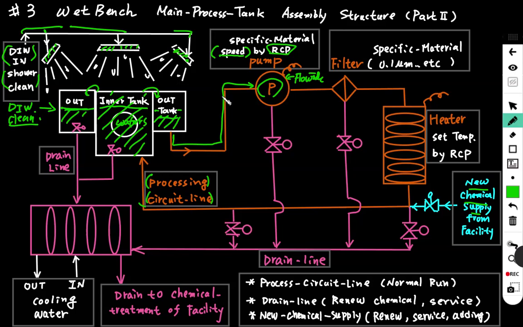And the chemical goes through this circular line to be pumped out to the filter. The filter is made of specific material and has 0.1 micron clean capability, or even 0.01, and so on.